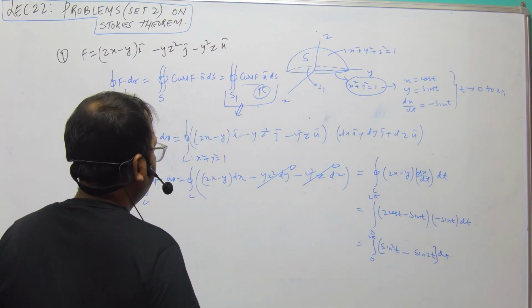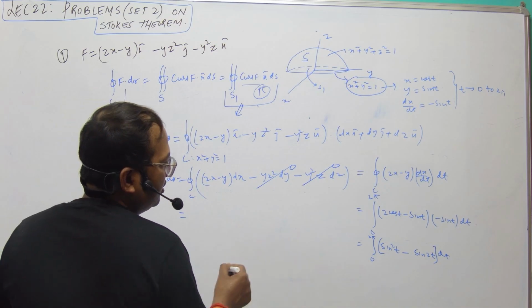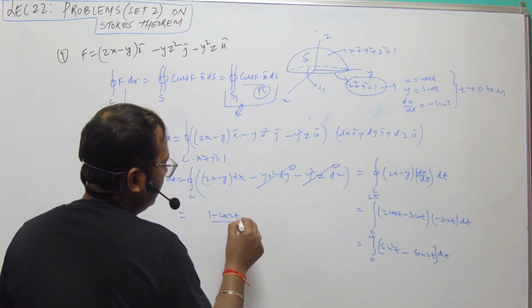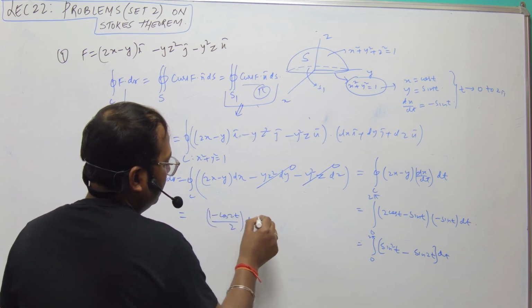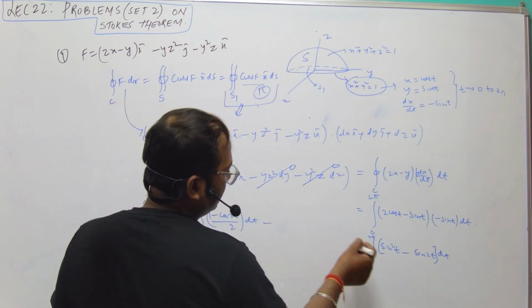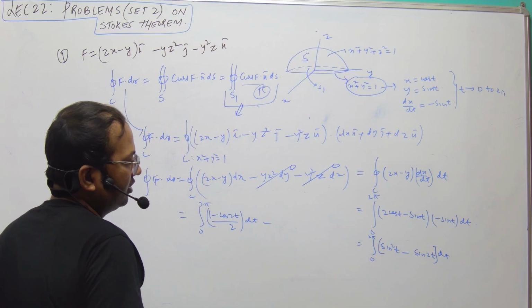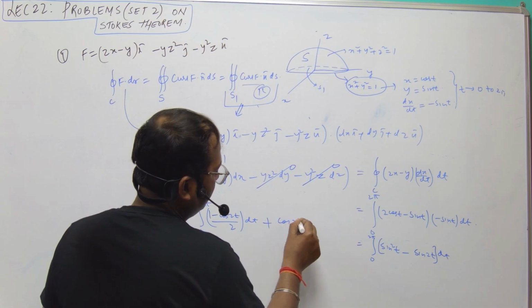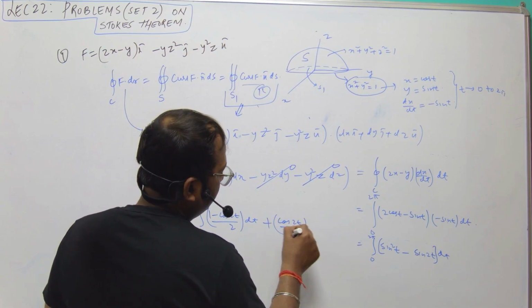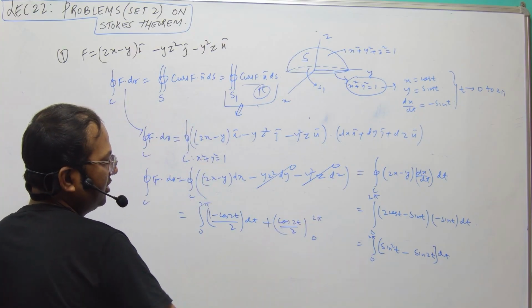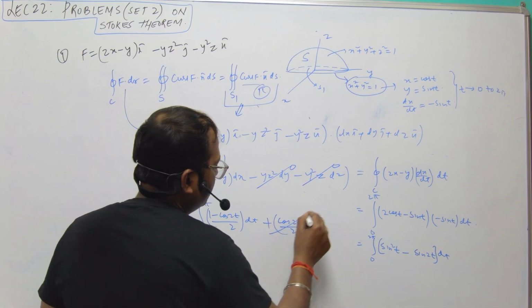Let us further simplify this. We can write sin square t as 1 minus cos 2t upon 2, dt, from 0 to 2 pi, and minus the integration of sin 2t, which is minus cos 2t upon 2, plus, between 2 pi and 0. Cos of 4 pi and cos of 0 are the same, so this is straight away 0.